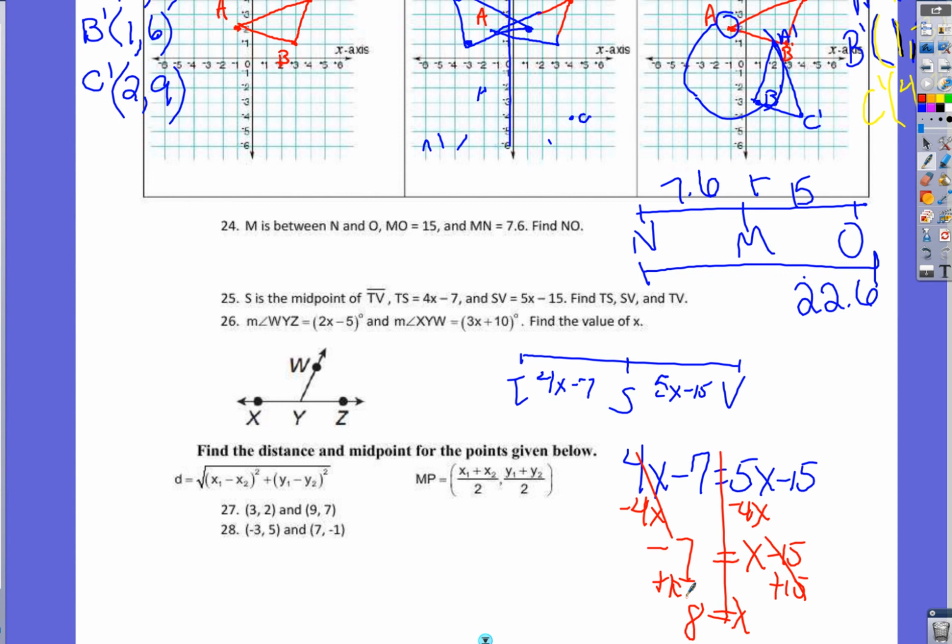No, I have to plug it back in. So I have 4 times 8 minus 7. 5 times 8 minus 15. How much is 4 times 8 minus 7? 32 minus 7. Oh, 25. And let's check this one because they should be equal. It's the midpoint. It's in the middle.